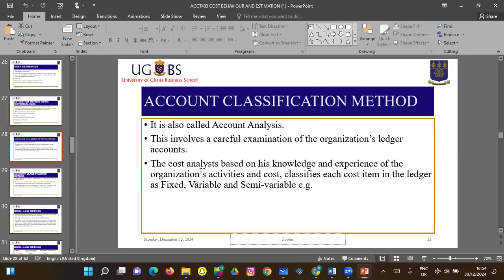The cost analyst, based on his knowledge and experience of the organization's activities and costs, classifies each cost item into fixed, variable, and semi-variable. So what the account analyst is going to do is look into all the costs available and separate them into fixed, variable, and semi-fixed, right?